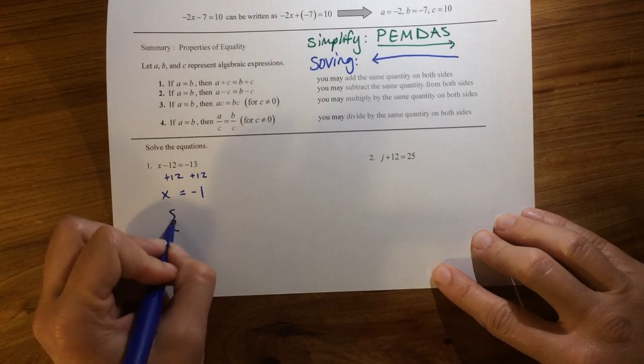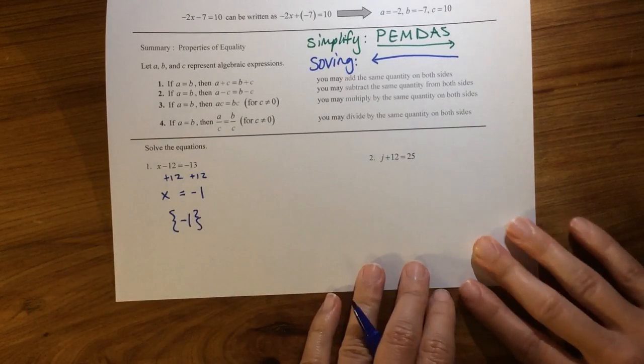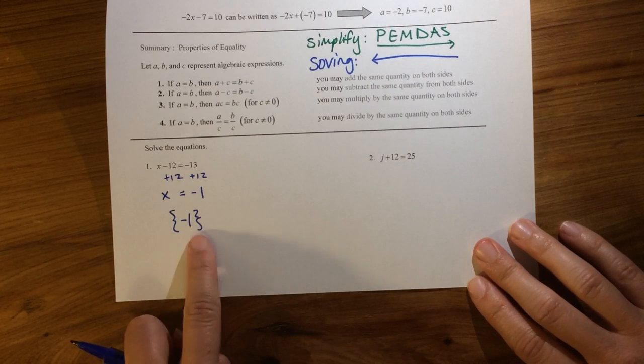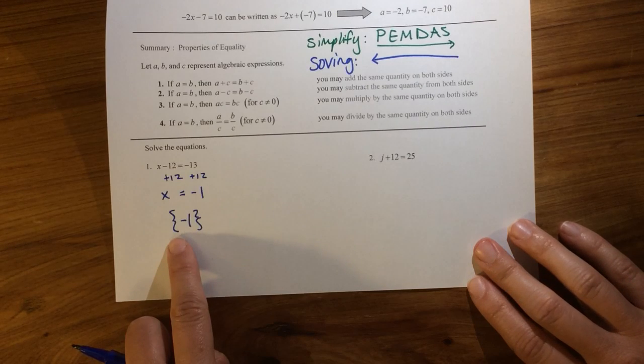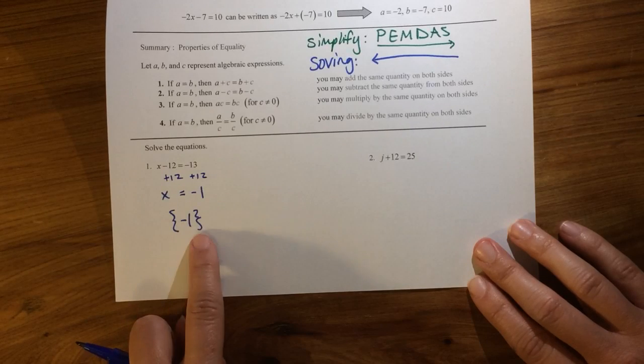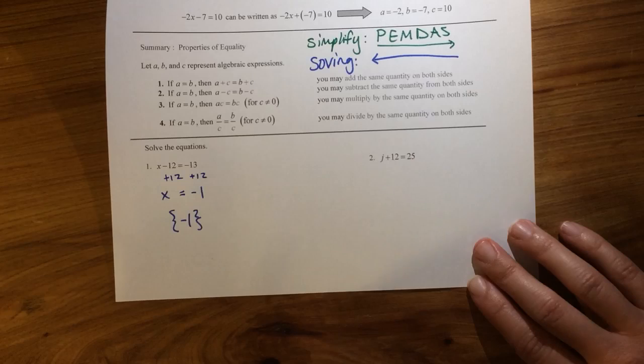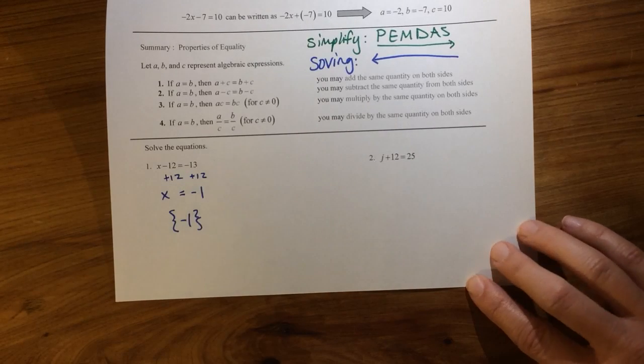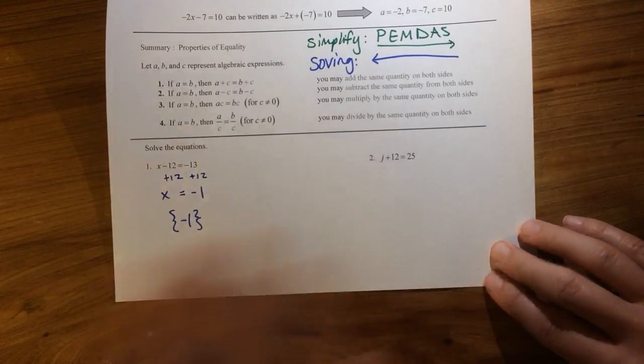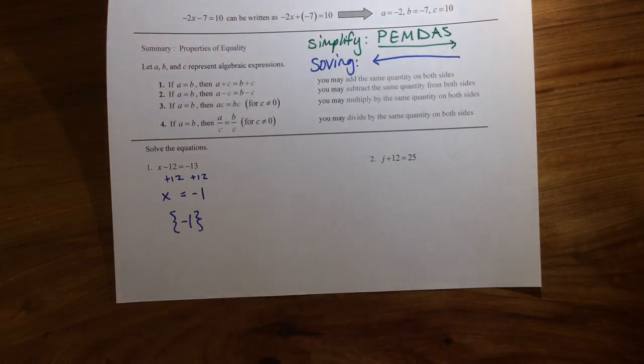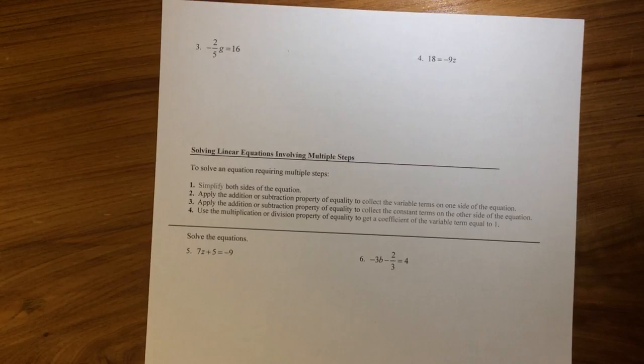So here I know my solution is negative 1. And we're going to put it in these squiggly brackets, aka braces, because these braces signify to us, hey, in here is my answer. So I'm going to let you do 2 on your own. Go to the next page.